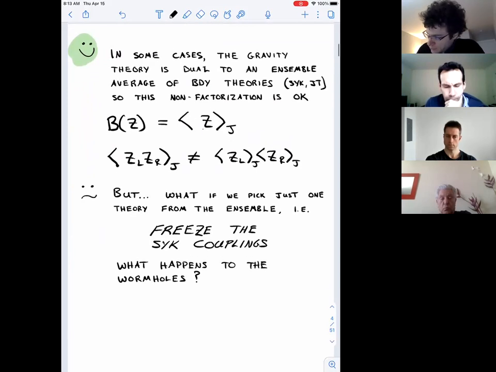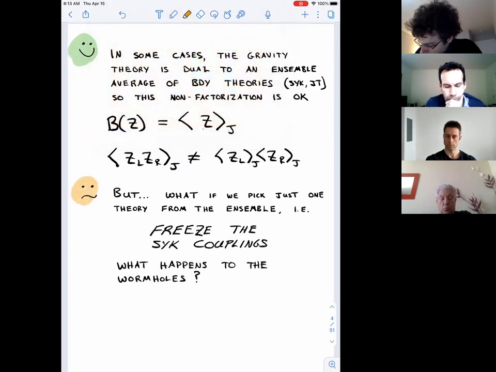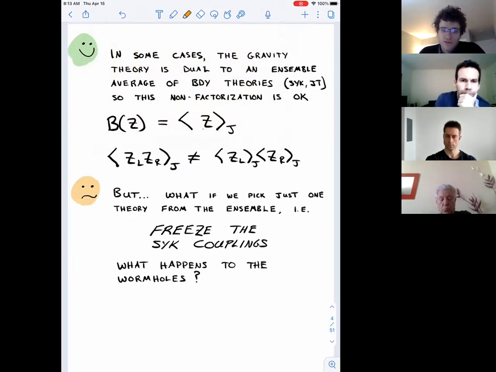But now, okay, this is finally the topic that we're going to discuss today. In this setting, we can ask, what happens if we just pick one theory from this ensemble? In other words, what happens if we freeze the couplings that we were averaging over in the previous step?